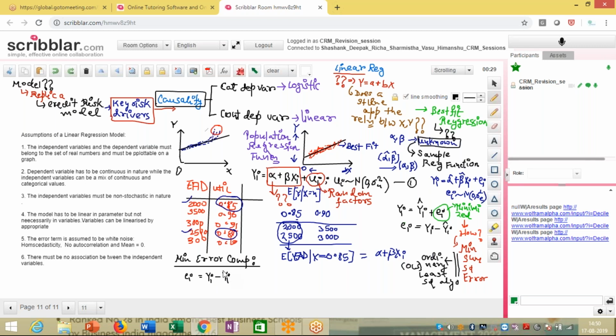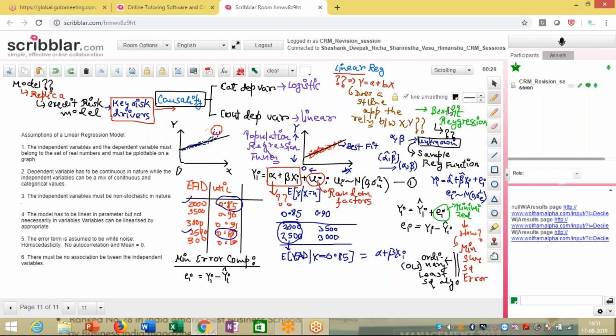This is the difference, and this is the error term ei. Now the next question is how do we minimize the error component?